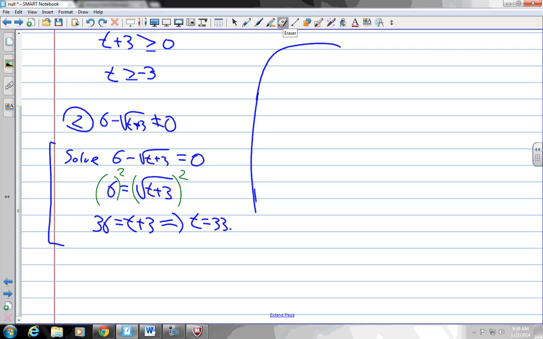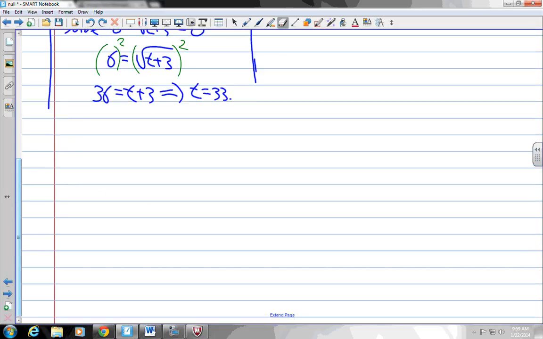So anyways, t cannot equal 33. So I can say this. The domain is all real numbers such that x is greater than or equal to negative 3 and x cannot equal 33. And it's totally fine that our variable is t and I'm using x to build this set, because it's just a set builder. I can call that variable anything I like.